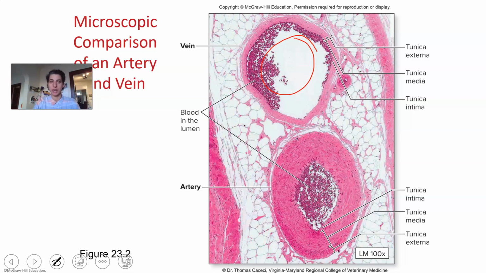So fluid dynamics is a really good way to remember how blood moves through blood vessels. You see here, the walls of the vein are a lot thinner, whereas the walls of the artery are much, much thicker. We have a lot more smooth muscle within the artery, and a lot more elastic fibers within the walls of the artery.